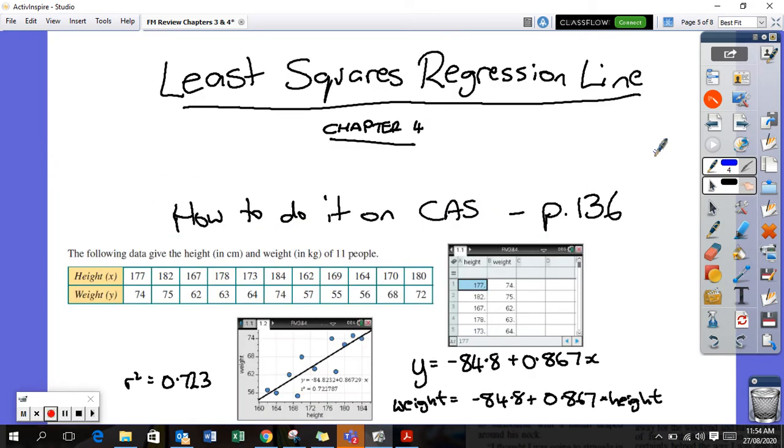Then we move on to chapter 4 and we start looking at a least squares regression line. Once again, how to do it on the CAS is explained on pages 136 to 137 in a box with some data, and the data that they're using is this data here.